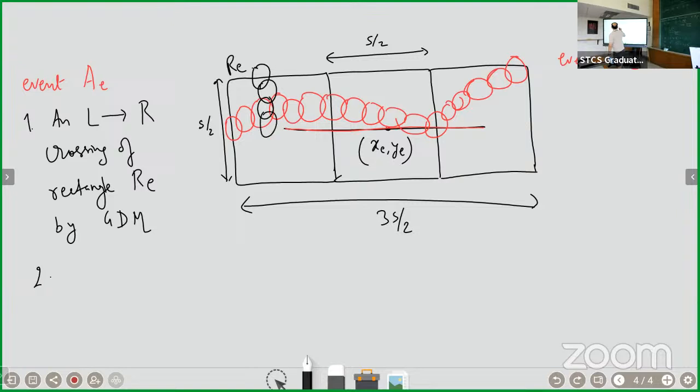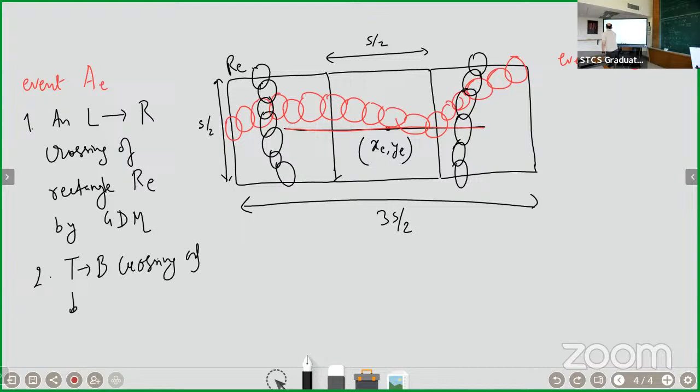There could be some common circles. This one: top to bottom crossing of X.